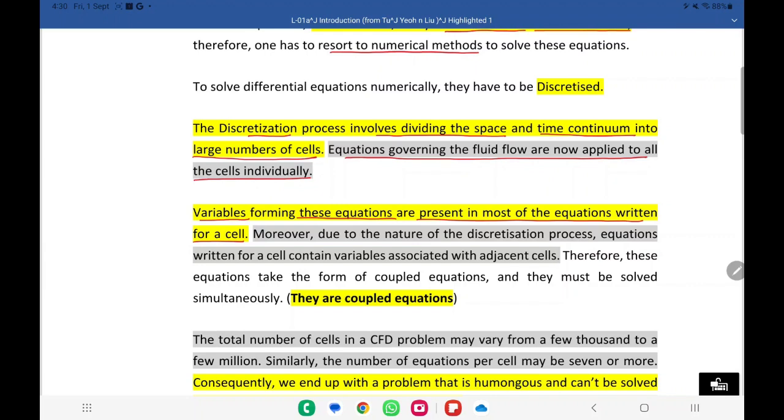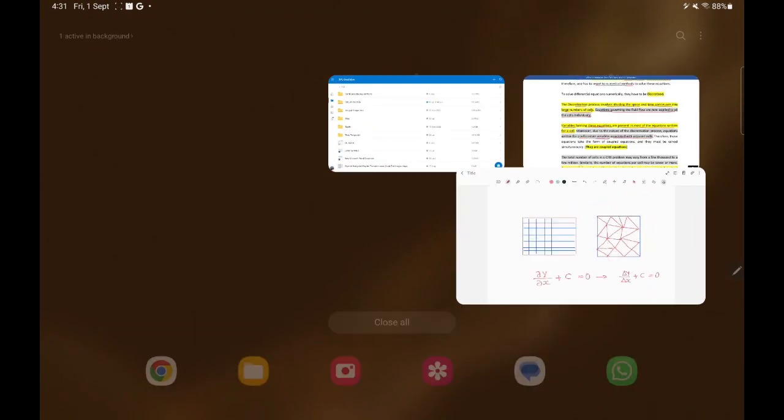Then when you write an equation for a cell containing variables and discretize it, you actually have to take the value from the adjacent cell. So while you are writing the equation for cell A, you are taking the value of parameters from cell B, right? Let us see what happens here.